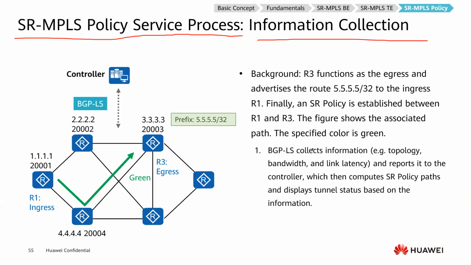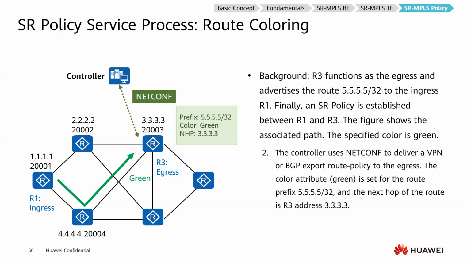And then the BGP will get that information and tell the controller. Then the controller knows everything. Now they want to create a path from here to here and to here. And here there is some network, for example 5.5.5.5.